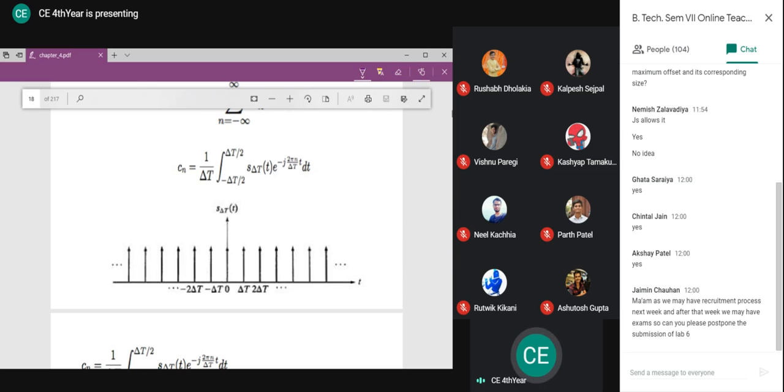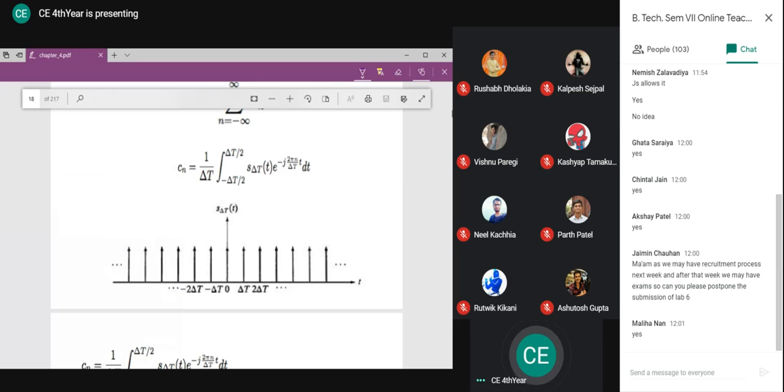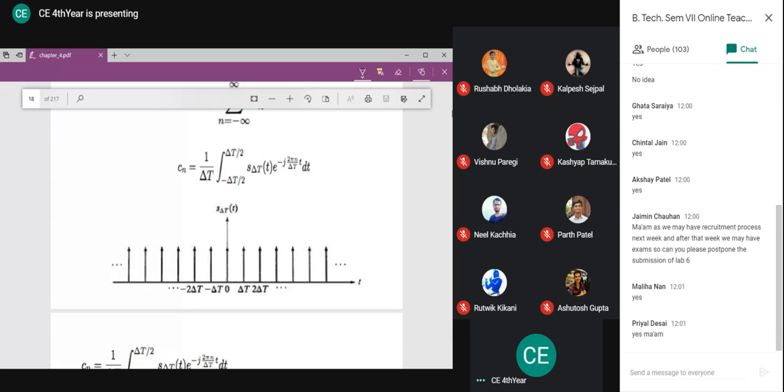Submission of Lab 6, recruitment process next week and exams. You want to postpone the submission of Lab 6? Okay, so what can we do next week? Which company is coming next week? Okay, we will adjust. Assignment 7, I am going to give you after examination.